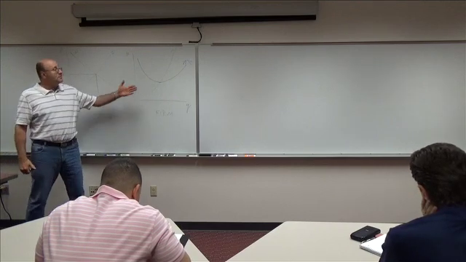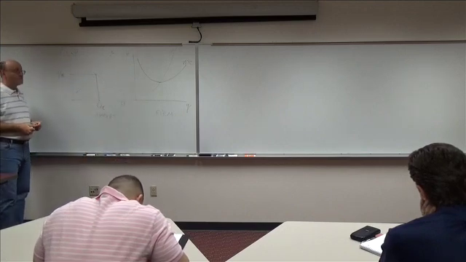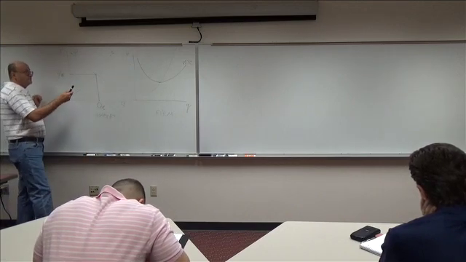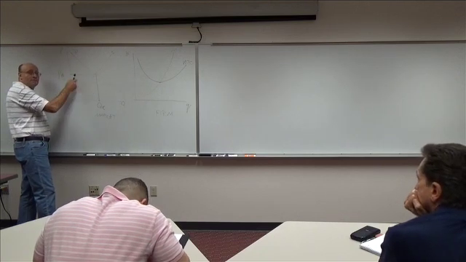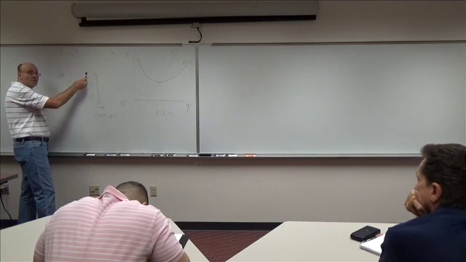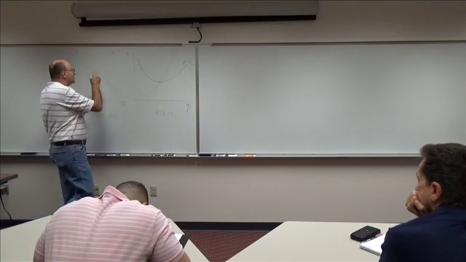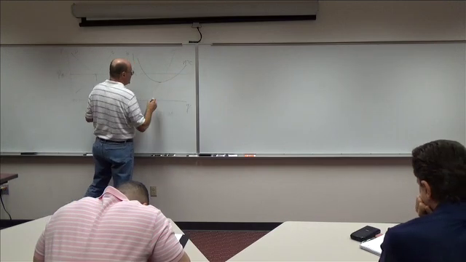Okay, what does your typical firm do in equilibrium? Well, in equilibrium, the price of a one-topping pizza is $10, let's say. Okay, that's the market price. So at that price, this firm produces how much?